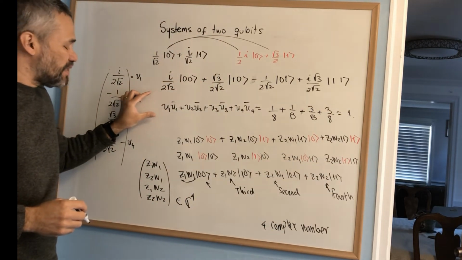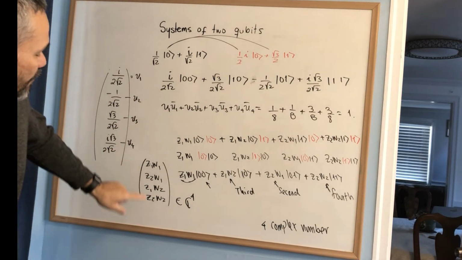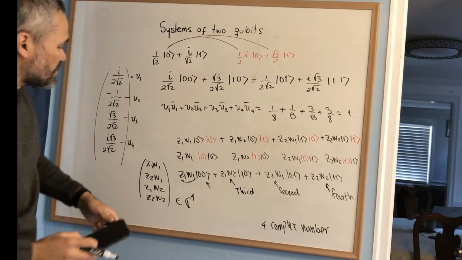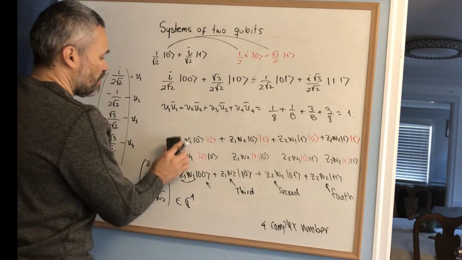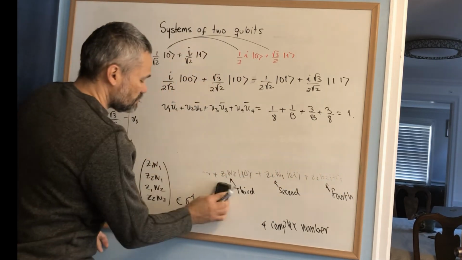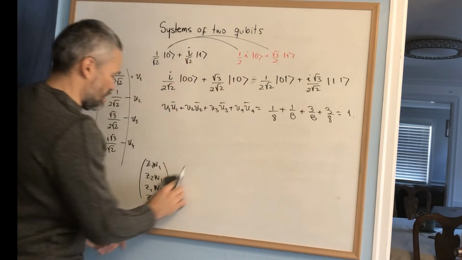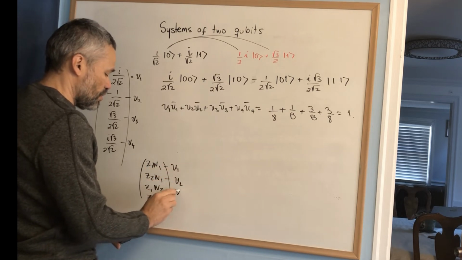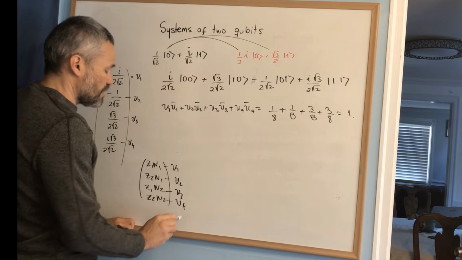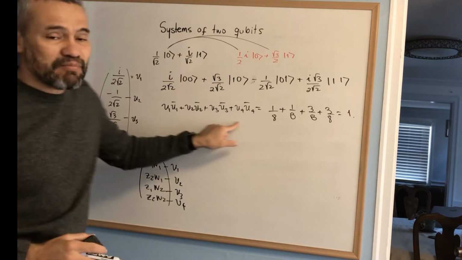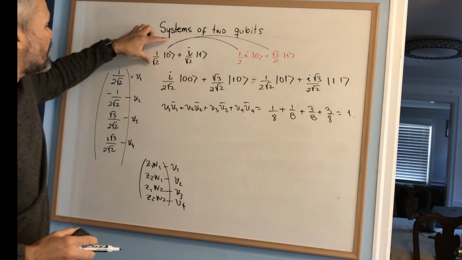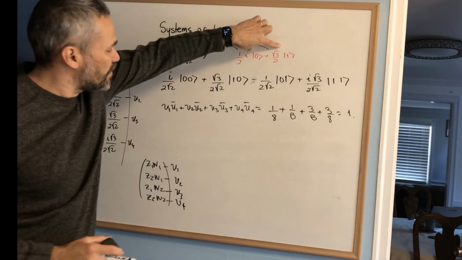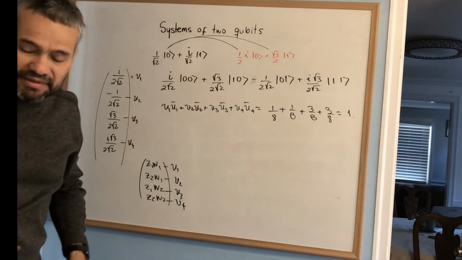This is not a coincidence. Actually, we can prove that in general, under these conditions, if we call this vector U1, U2, U3, and U4, then we have the same property. Because if we start with a qubit here and a qubit there, then we have this.